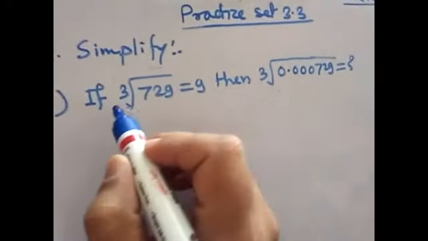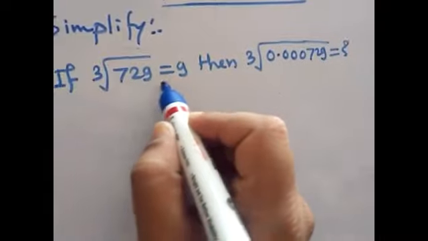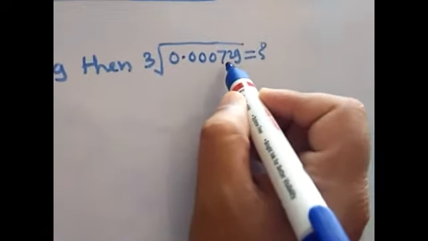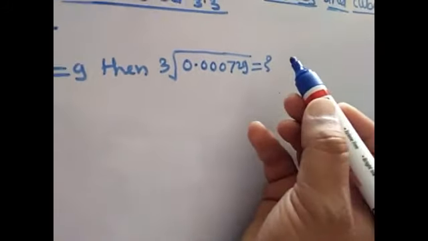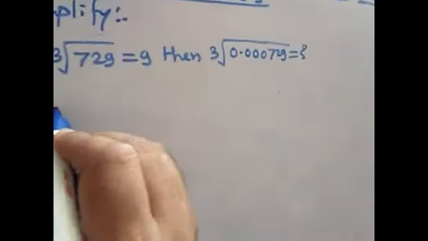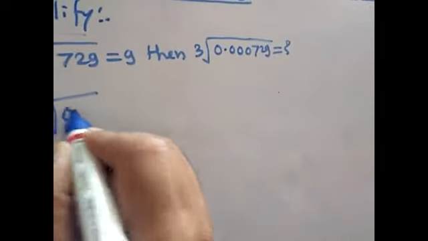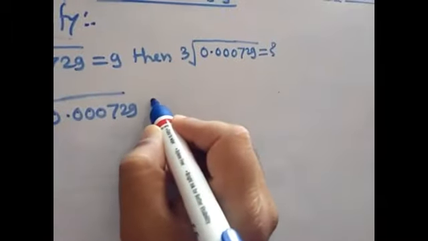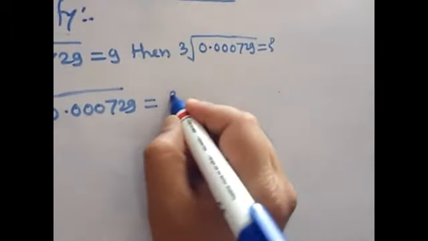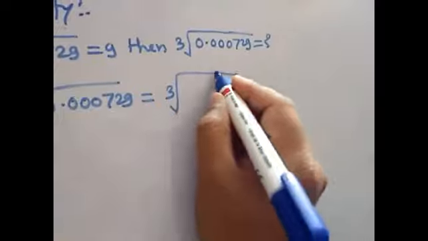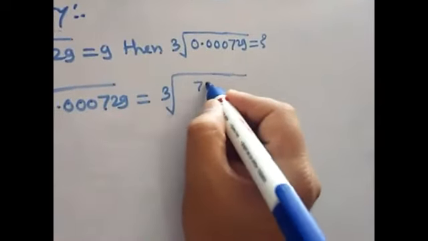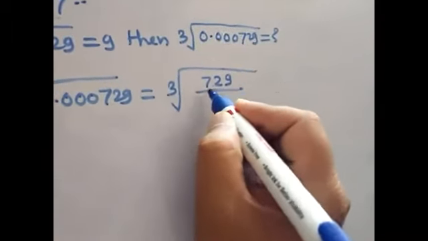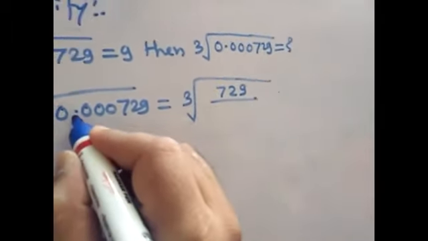See here in this third question, if cube root of 729 is 9, then what will be the cube root of 0.000729? So we write cube root of 0.000729 is equal to cube root of 729 in the numerator, and we cancel this decimal.